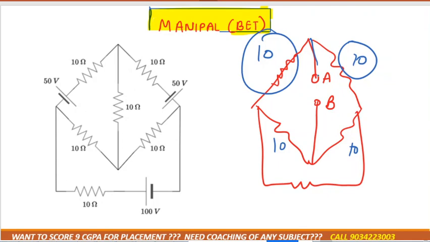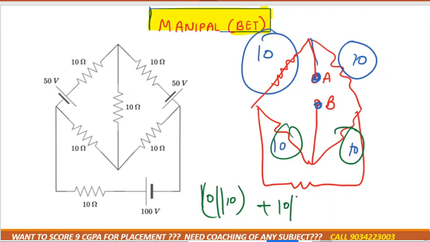So 10 parallel 10, right? After that, this 10 parallel 10 plus 10 parallel 10, and this 10 ohm, that is your RTH.